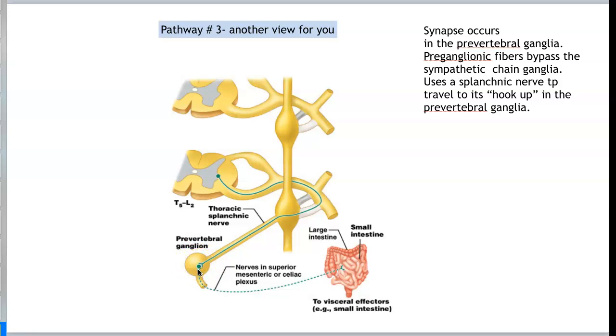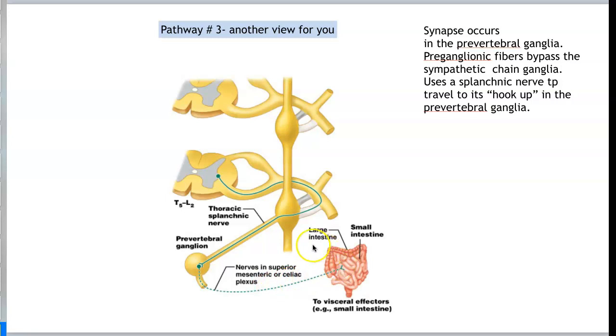The postganglionic axon, same thing, is going to leave, and it's going to go to any number of those abdominal organs, and its neurotransmitter will be what? Norepinephrine. What's the neurotransmitter here? Acetylcholine. This is all myelinated. This is unmyelinated. Postganglionic axons are unmyelinated.